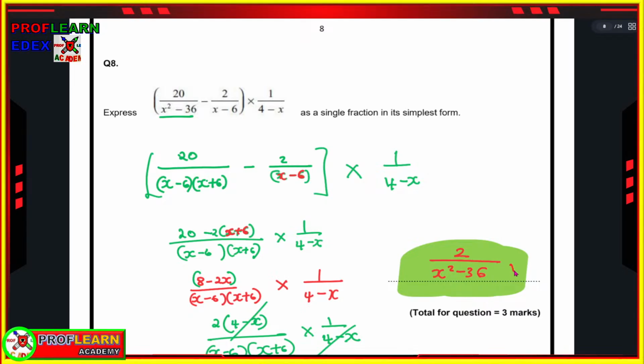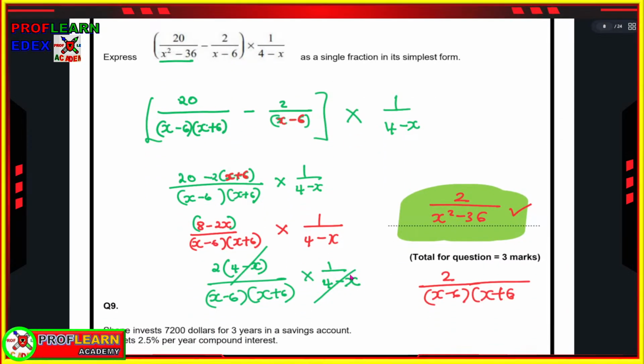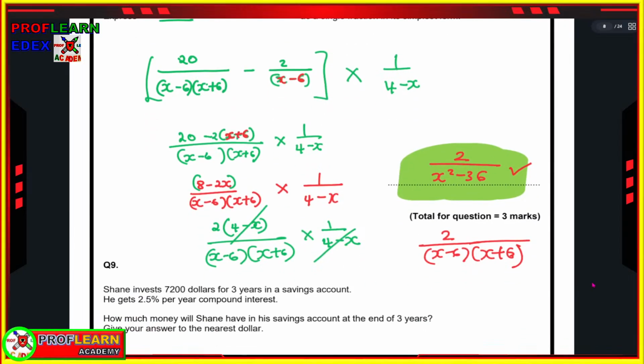You can leave it in this form, or you can leave it as 2 over x minus 6 x plus 6. So you can leave it in either form and still you're going to get your marks. Both cases will attract the final mark for A.